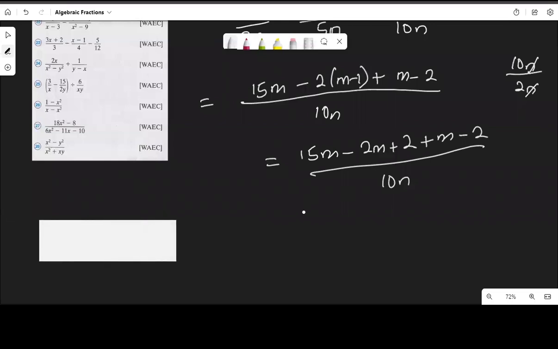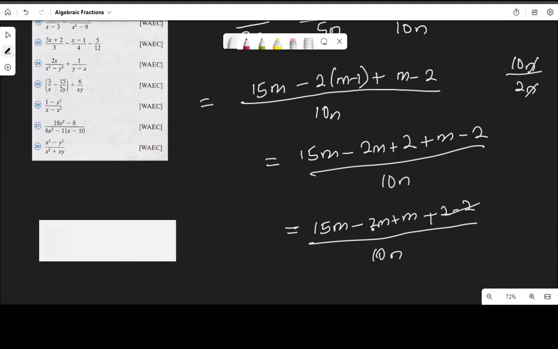Collecting like terms, all the n's, let's bring them together. We'll have 15m minus 2n plus n plus 2 minus 2 over 10n. 2 minus 2 is done. n plus 15m is 16m.